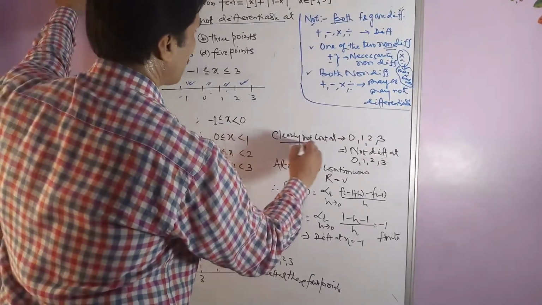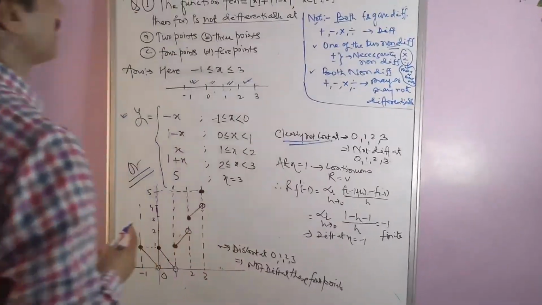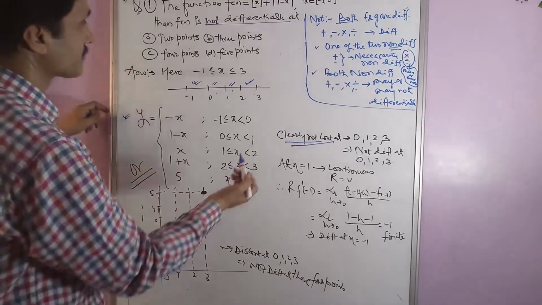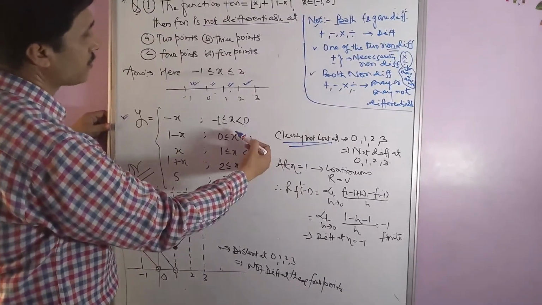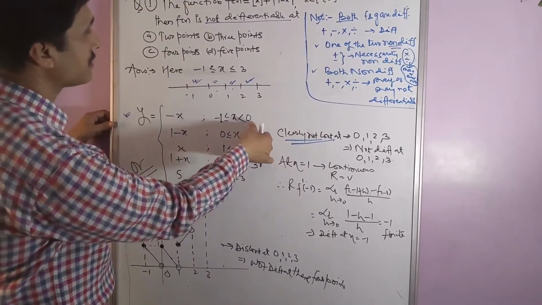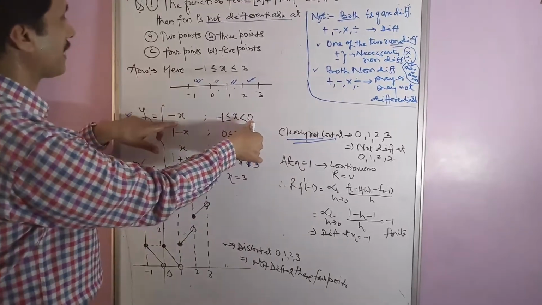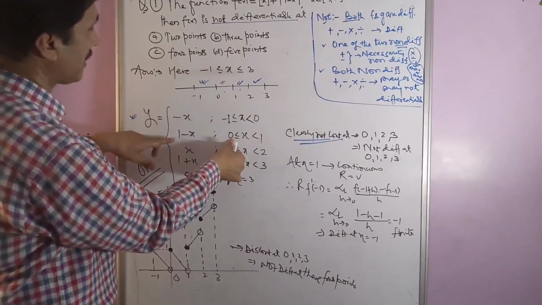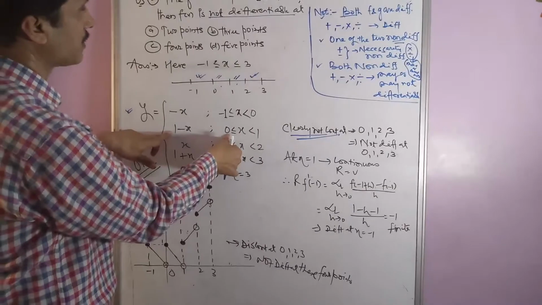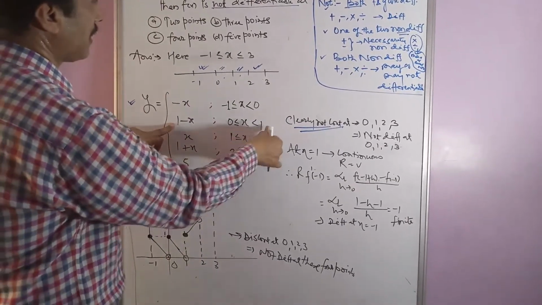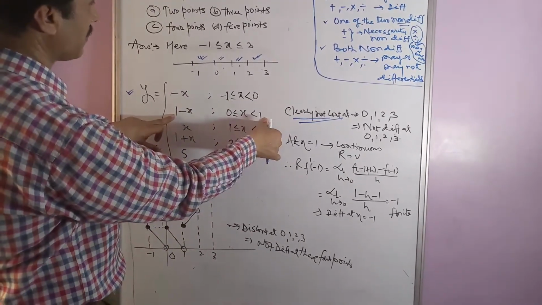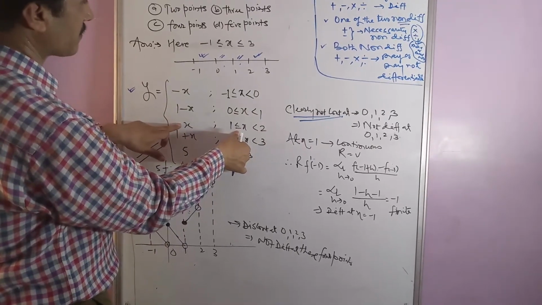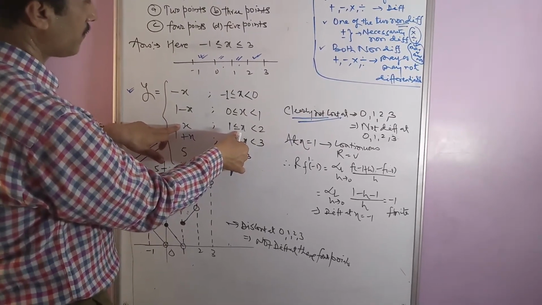Now we have to check differentiability. First of all, the change points are 0, 1, 2, 3. At 0, left hand limit 0, right hand limit 1 and value 1, so it is discontinuous at 0. At 1, left hand limit 0, right hand limit 1 and value 1.